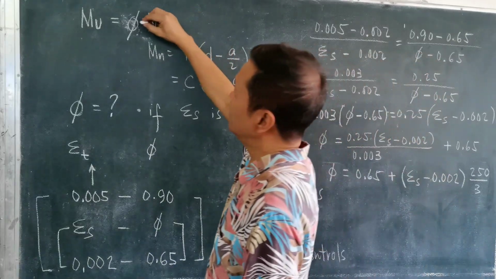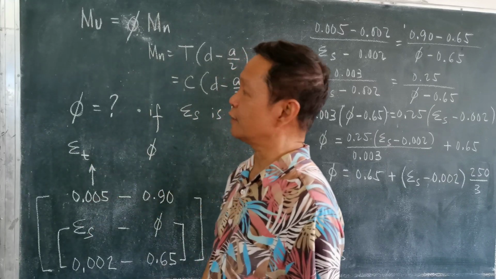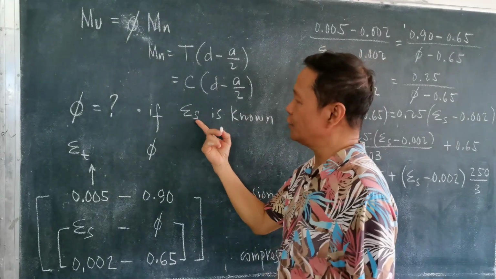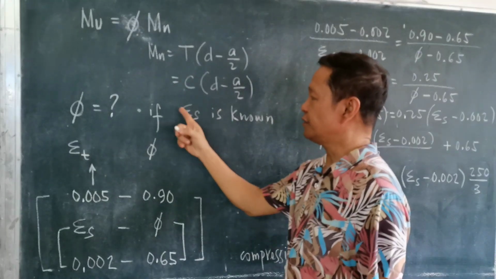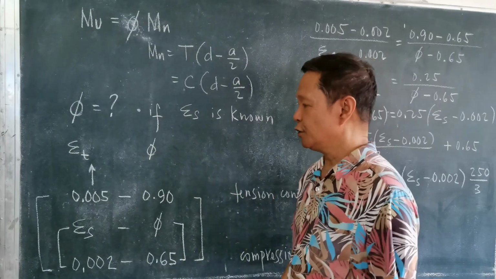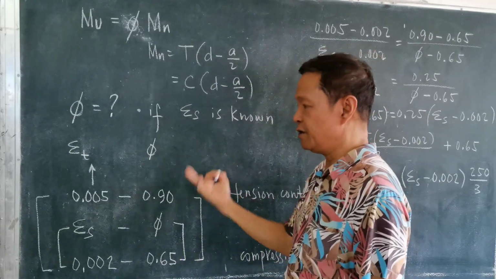Now, how do we solve for the reduction factor phi? If you already know the actual strain sub s, strain sub s is the actual strain, so we need this figure.